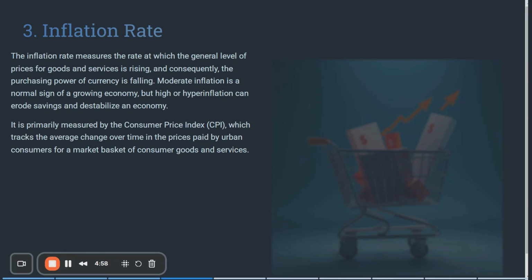Moderate inflation is a normal sign for a developing economy, but high inflation or hyperinflation can destabilize an economy. If the inflation rate is normal, then it is a good sign for a developing or growing economy.